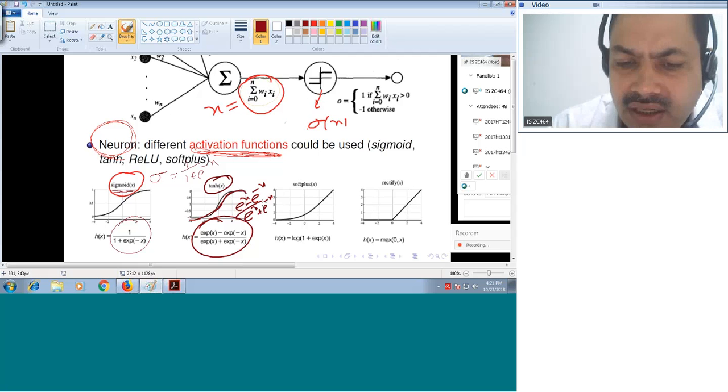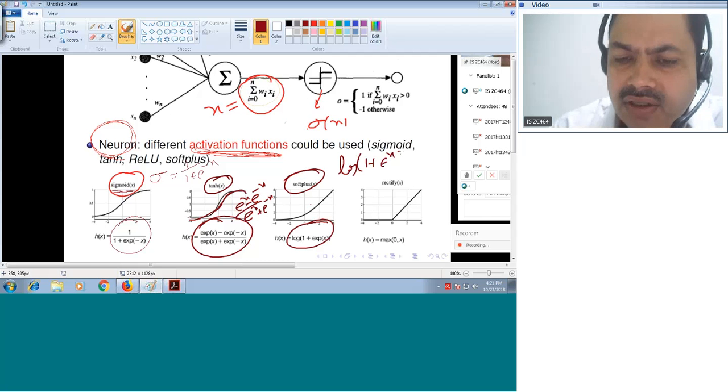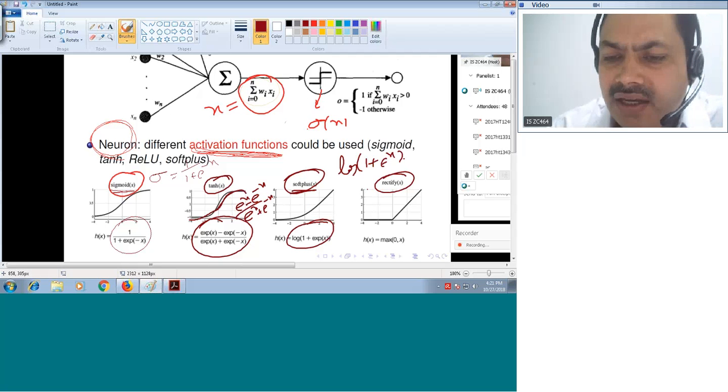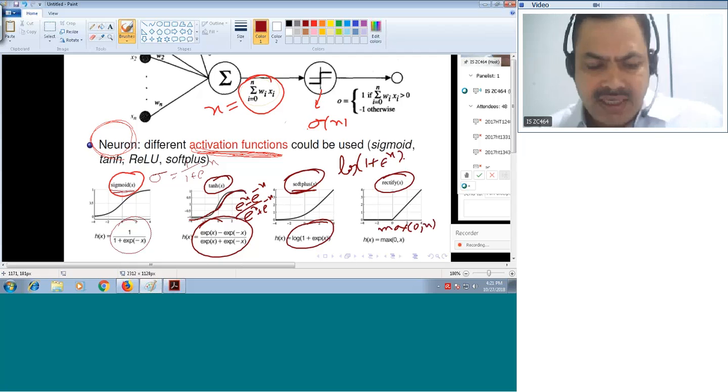Softplus takes log of 1 plus e to the power x. And rectified linear unit is another important function, and it takes only the maximum of 0 and x. So you can see that various options are available.